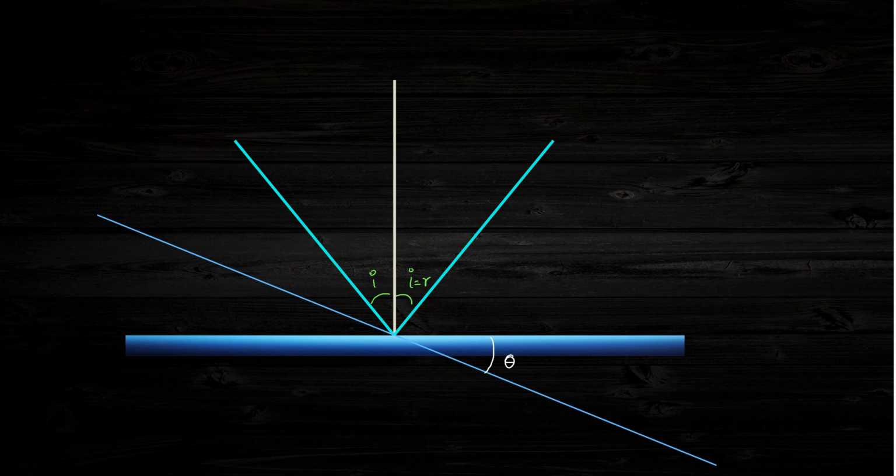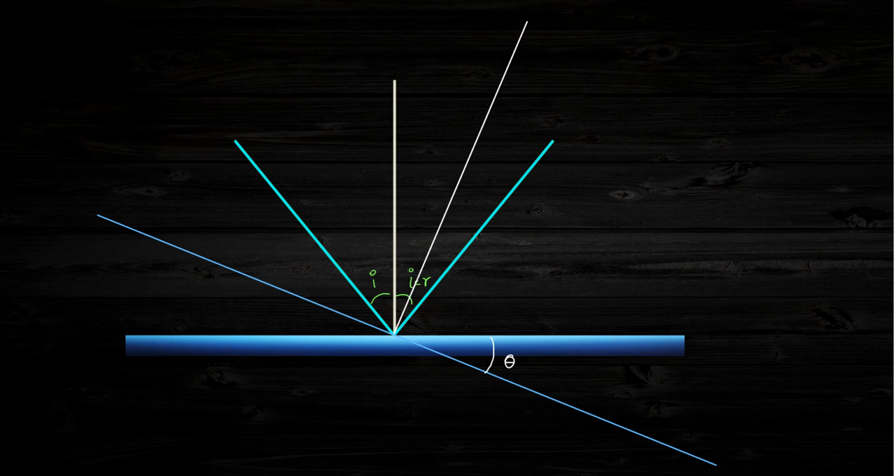Now what will happen is the incident ray remains the same. The reflected ray is going to get rotated. Let us first draw the rotated normal. The rotated normal will be perpendicular to the new position of the mirror. So let's say this is the normal.